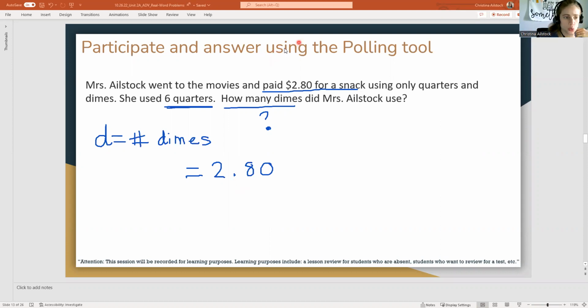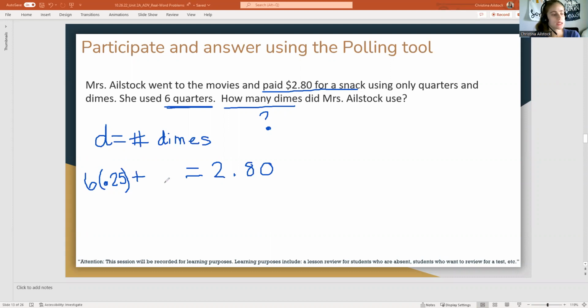So I need money amounts to equal money amounts. Now, how much is a quarter worth? Well, a quarter is worth 25 cents. So if I have 6 quarters, I could multiply that by 25 cents, and that will tell me how much of that was paid for in quarters. And then I also use dimes. So if I also use dimes, both of them were used together, that's going to be addition.